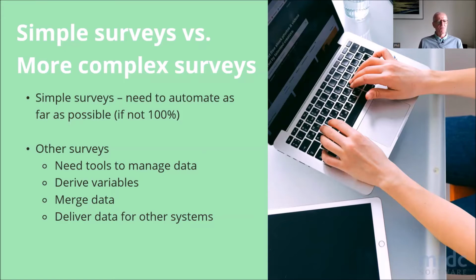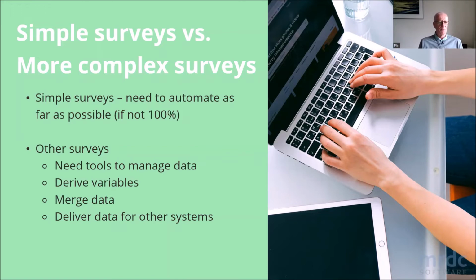But other surveys will need more advanced tools than that, typically, in that you need tools to manage that data, to derive more complex variables, for example. So it's okay collecting perhaps a numeric value, but then putting that into some ranges possibly needs a variable that's generated after the survey data has been collected, because the ranges might not be obvious when you collect it, and it might be more convenient for analysis to put them into ranges.